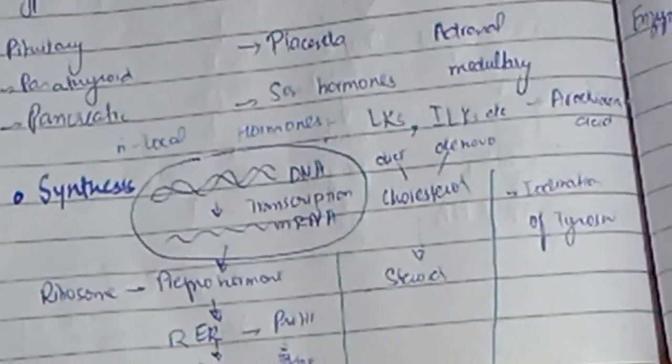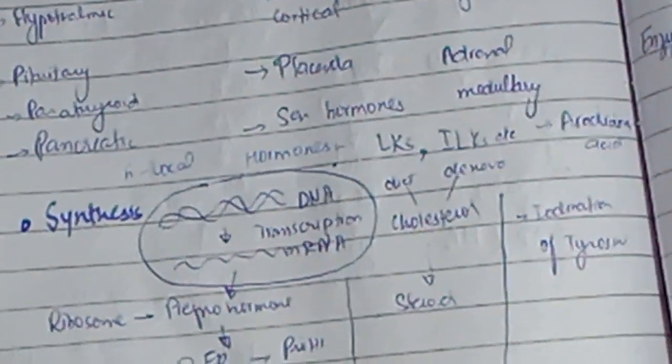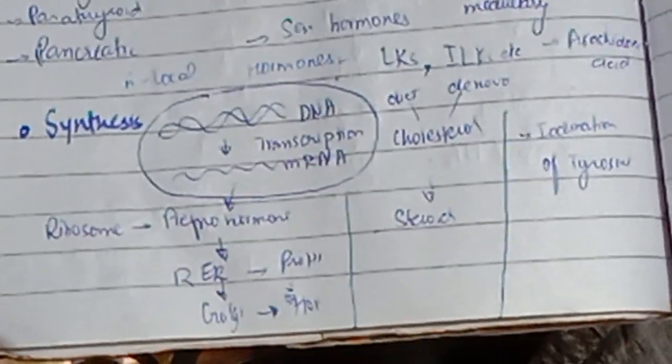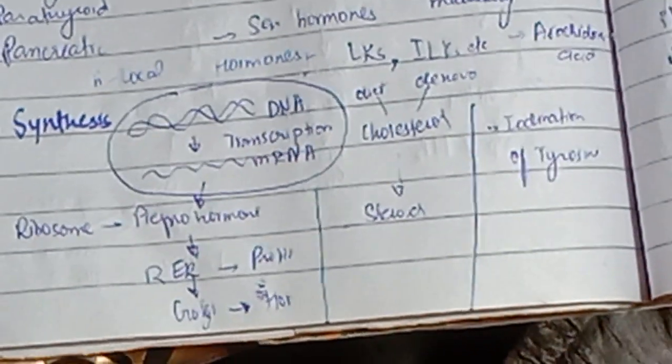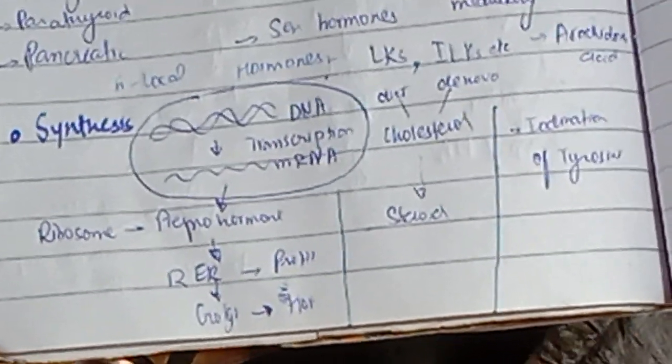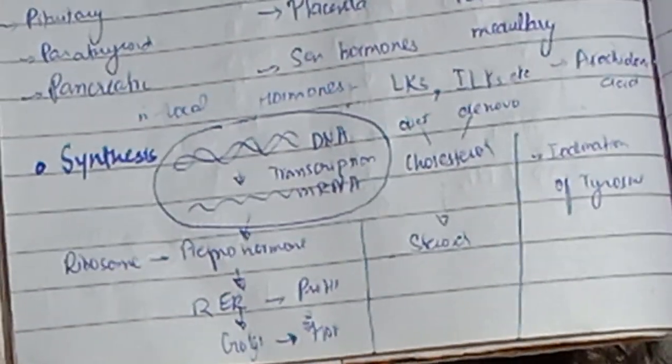How is the third category of hormones, that is, amino acid derivatives, synthesized? As the name shows, these are synthesized by the metabolism of amino acids. For example, iodination of tyrosine and further reactions lead to the formation of the thyroid hormone.